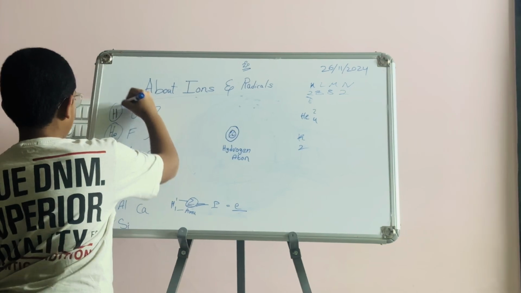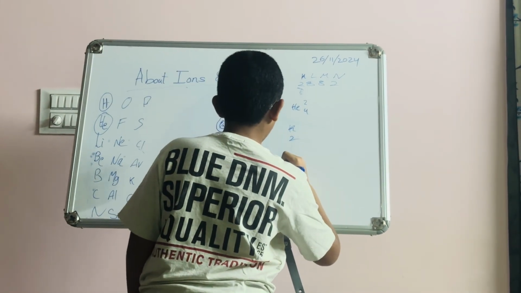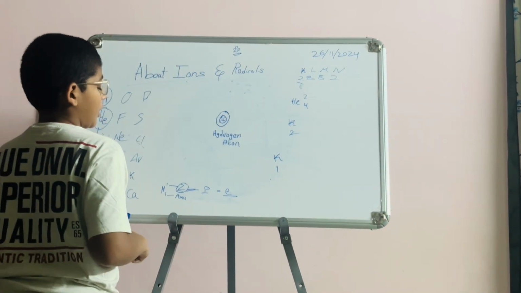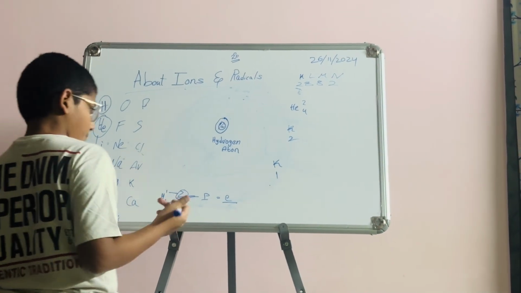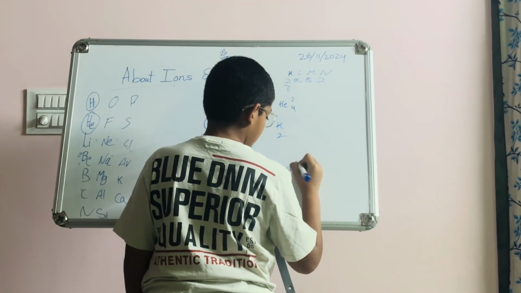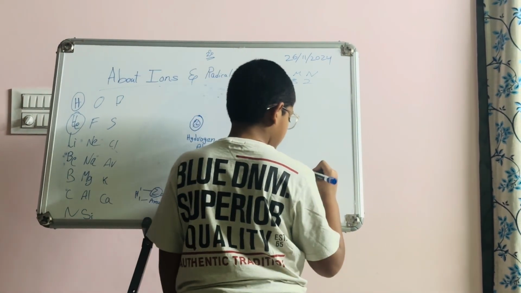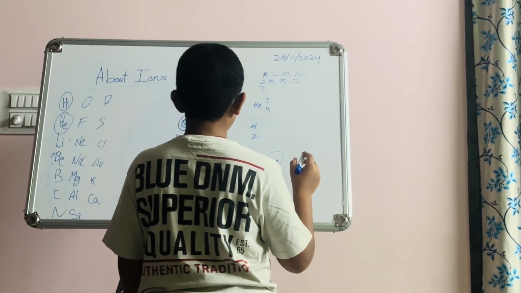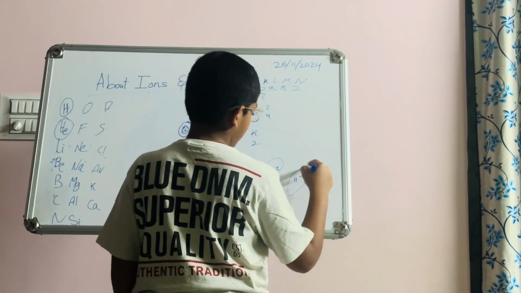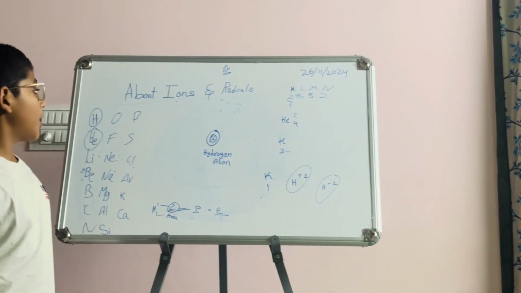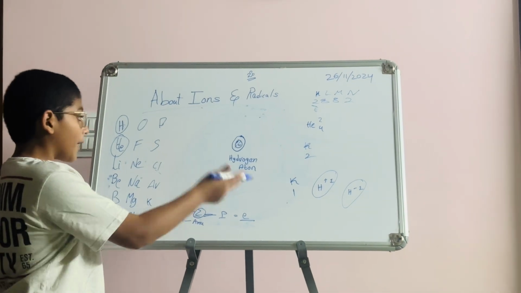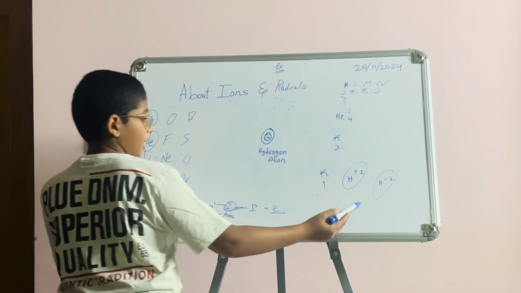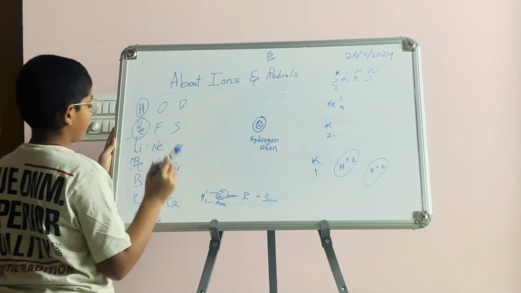But hydrogen has only one electron in the K shell. We have two types of hydrogen, H plus 1 and H minus 1. H plus 1 seeks to lose its one electron, and H minus 1 seeks to gain one electron so that it gets the configuration of helium.